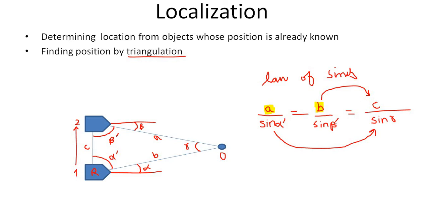So here we know beta prime, which is 90 minus beta, we know gamma, we know C, and from here we calculate B.